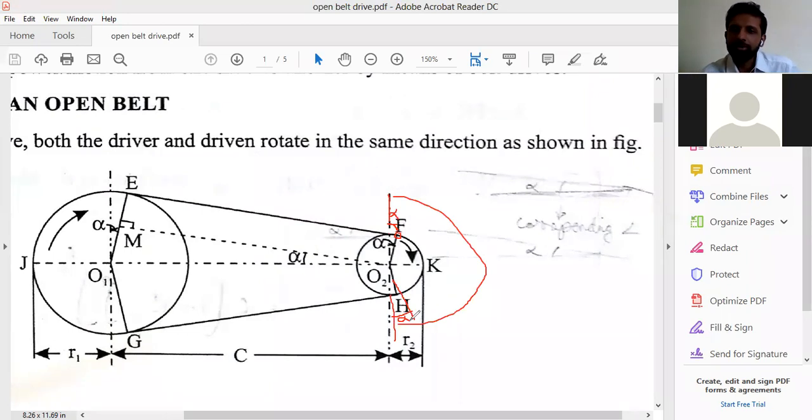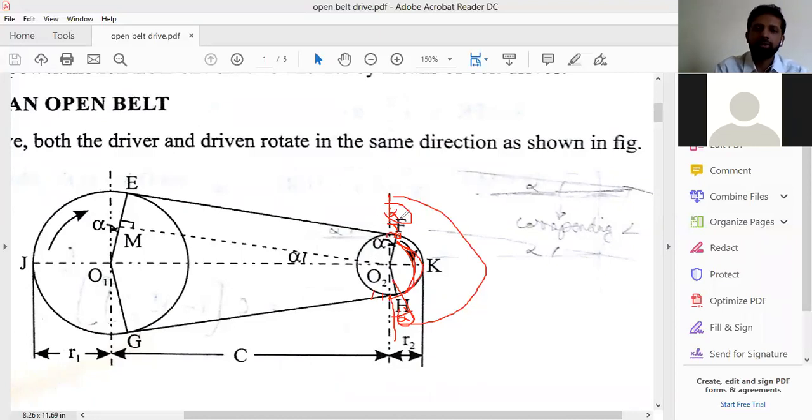So this whole thing is 180, but it is not exactly starting here; it is starting after this point, and the belt is leaving much before 180 degrees. So here it is going to be 180 minus 2 times alpha. That is going to be the arc of contact.